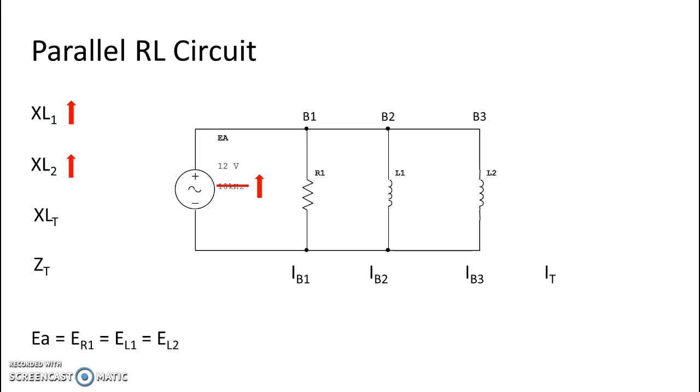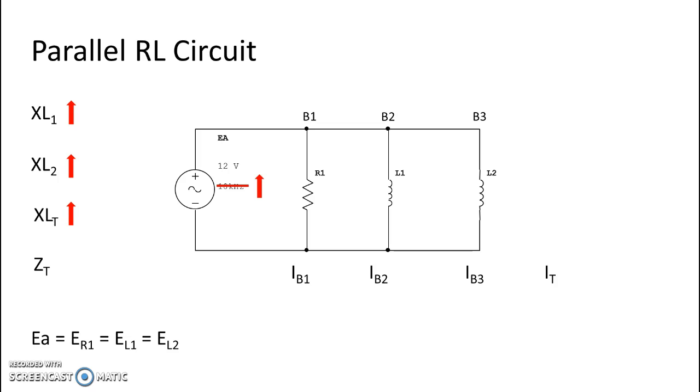Now, the total ohmic value, or our total inductive reactance, is a combined value of L1 and L2. Now that is reciprocated, but if those numbers are both going up, we are expecting that value that is less than the smallest one to also be going up. Now again, that same formula that we've been looking at for the impedance, it too has a value that is slightly less than that smallest number.